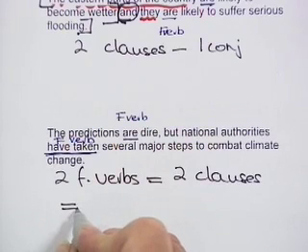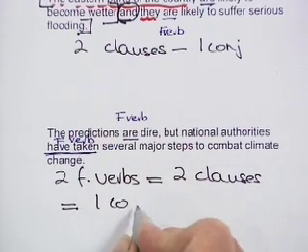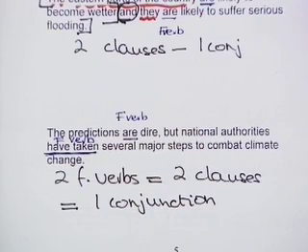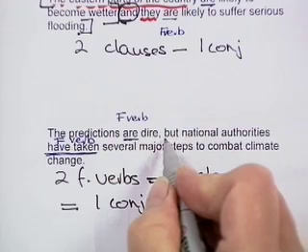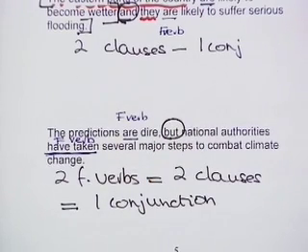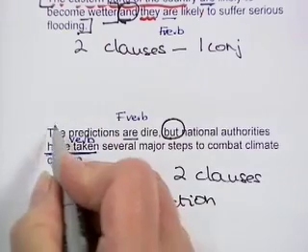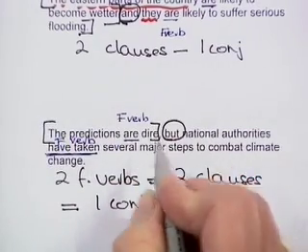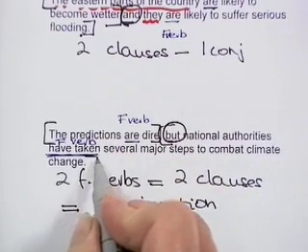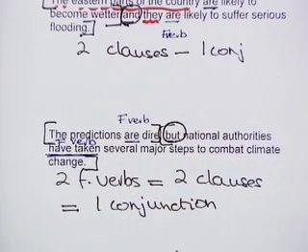How many conjunctions? One conjunction. So let's go looking for our conjunction. There it is. But. What is it joining? The predictions are dire, but national authorities have taken several major steps to combat climate change.